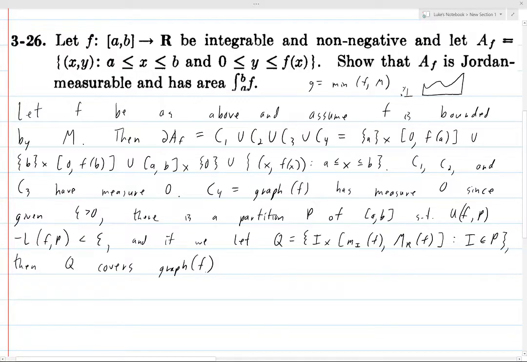And why does it cover the graph? It's because if you consider the interval I, f will take on various values in this interval I. And these values will, by definition, lie between the infimum over I of f and the supremum over I of f.